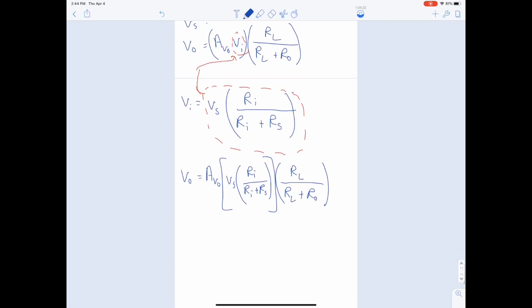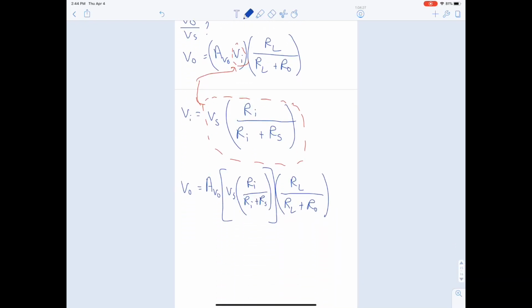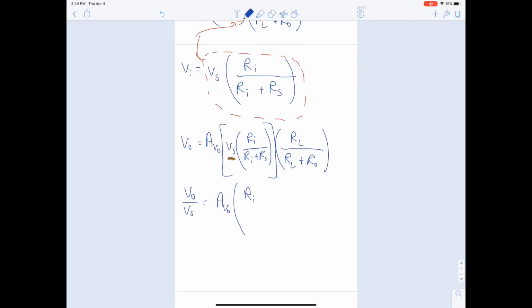You're not done yet. Why? Because he asked me for V output in terms of Vs. What we found so far is V output. So you need to divide by the Vs term here. So my solution is V output divided by Vs is equal to AV naught multiplied by Ri over Ri plus Rs multiplied by RL over RL plus RO. Okay, this is the final answer. And the unit is V over V.